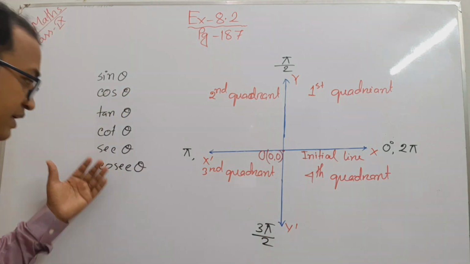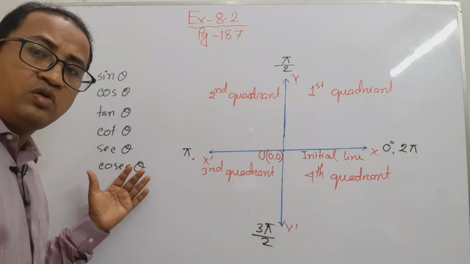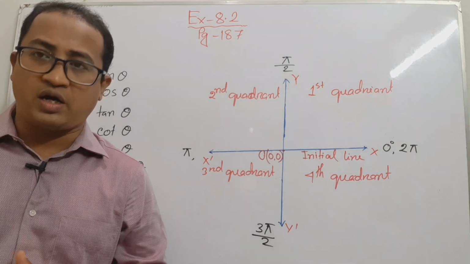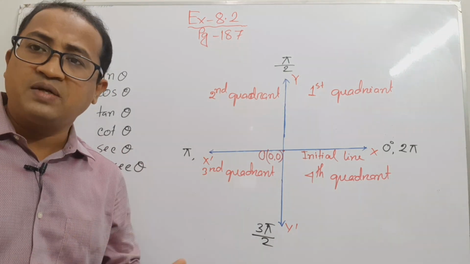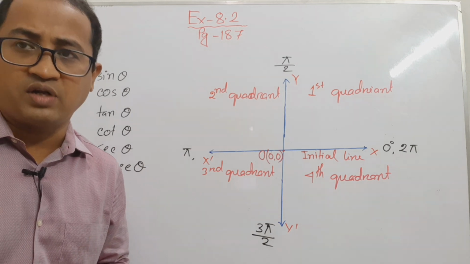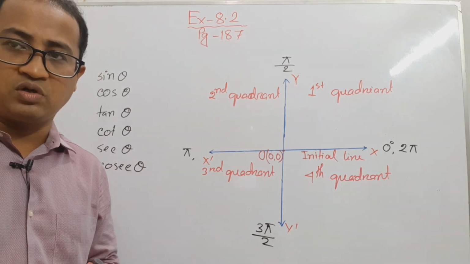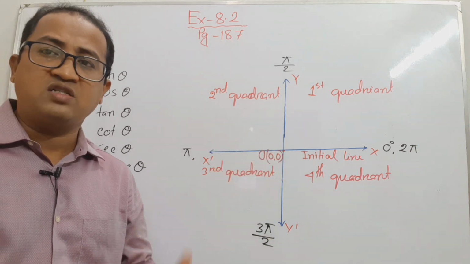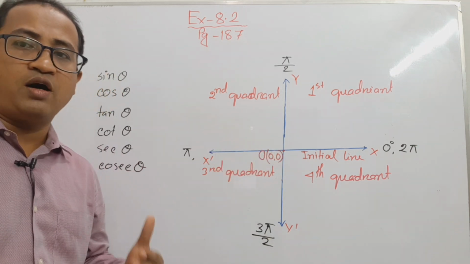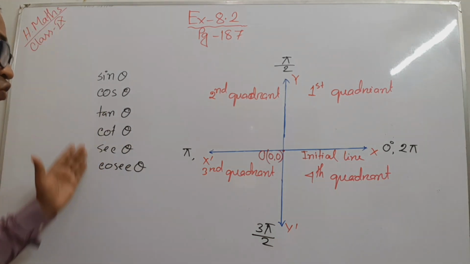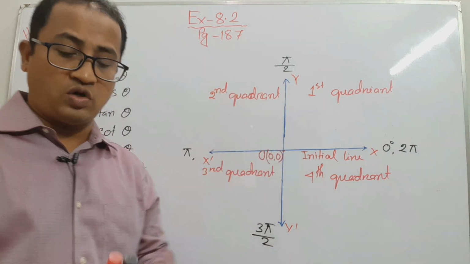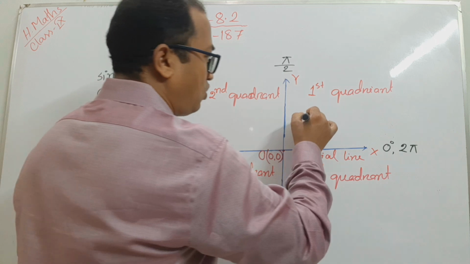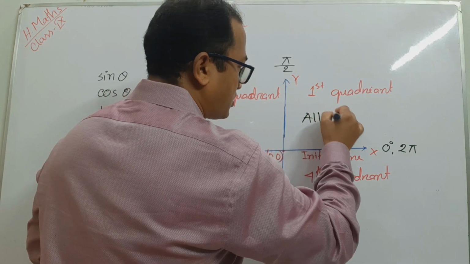Now these 6 ratios lie in which quadrant? Positive or negative, we will find out, or we will memorize that. In the first quadrant, we know all the ratios are positive. So we should write over there, all positive.